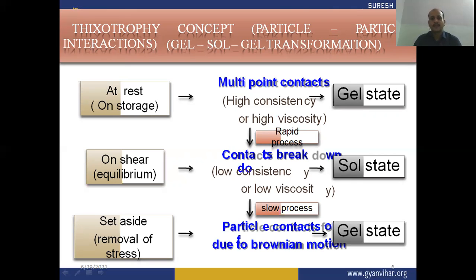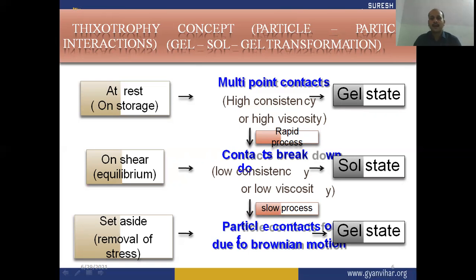Then it will convert into the sol state after application of shear, or on shear equilibrium the contacts between the material break down and the consistency is lost, or low viscosity can be seen.